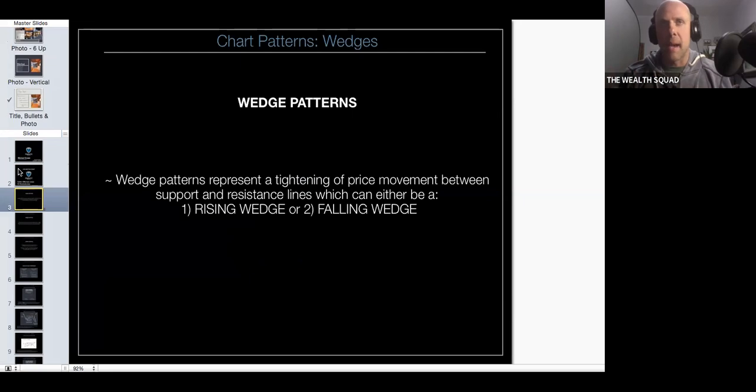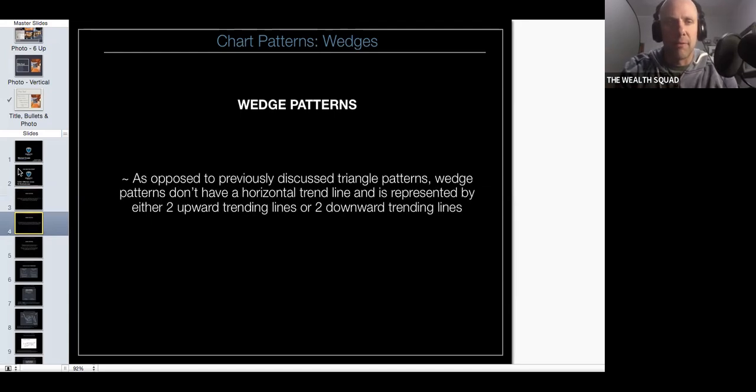There are some advanced patterns, but I'm going to talk specifically about these, and then I'll get into another one at the end. Those two wedges are the rising wedge and the falling wedge. The rising wedge is also known as an ascending wedge, and the falling wedge is also known as a descending wedge. That name gets tossed around a little bit between the two, but just know that they're pretty much the same thing as they're being referenced.